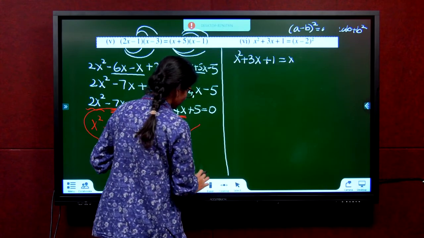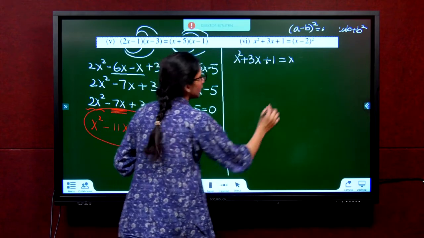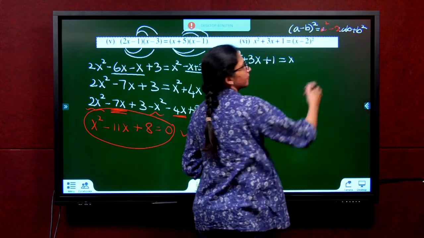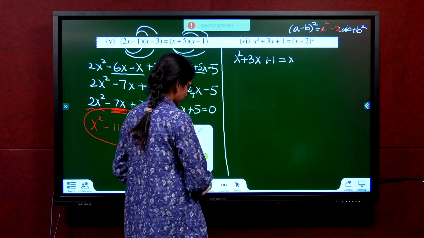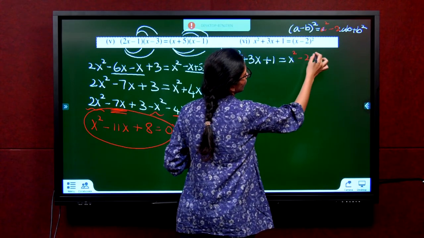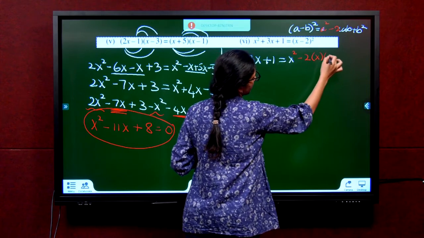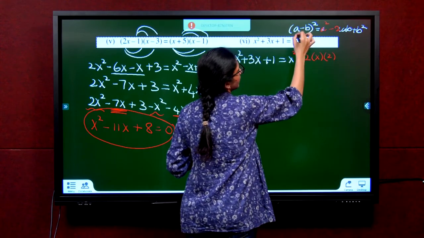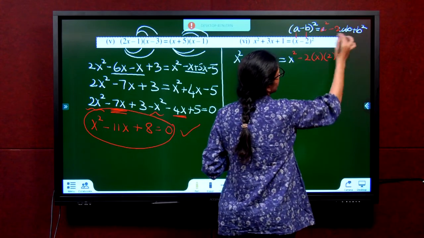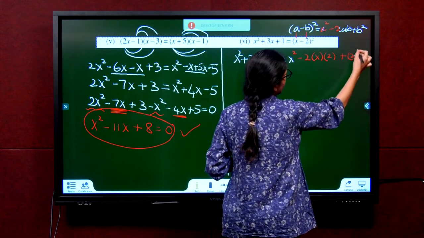Please note the change. a square minus 2ab plus b square. So what happens here? X square minus 2 into a is x, b is 2, plus b square, b is 2, so 2 the whole square.